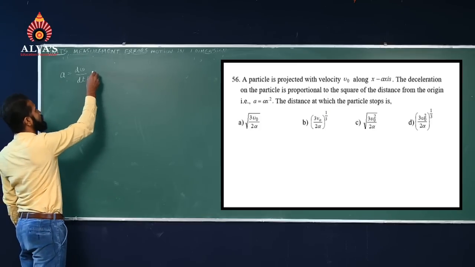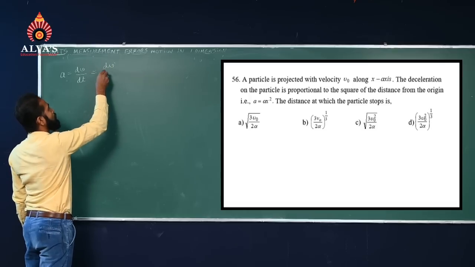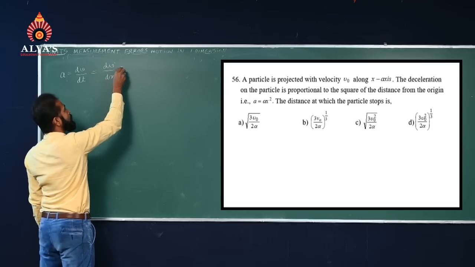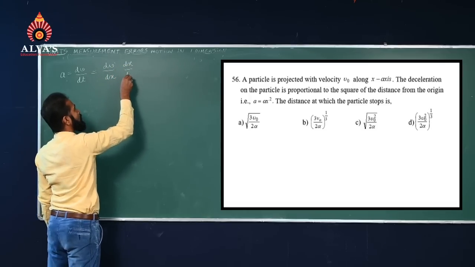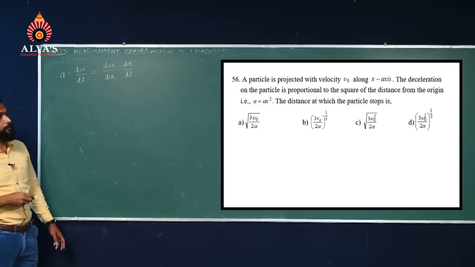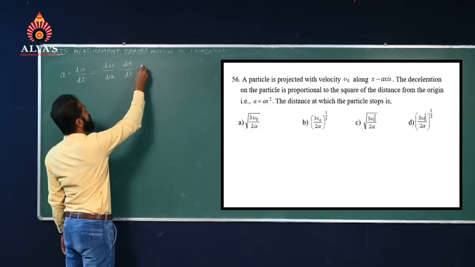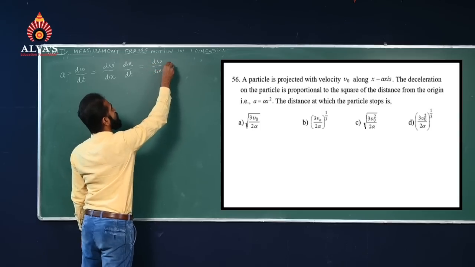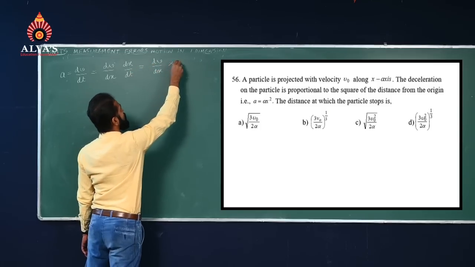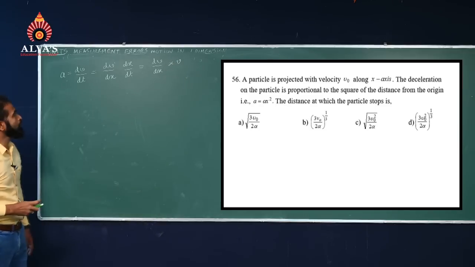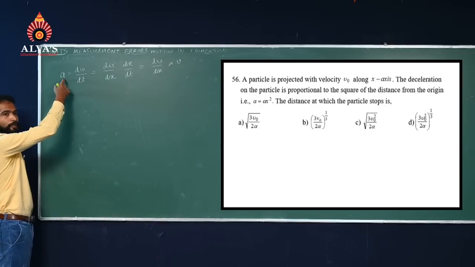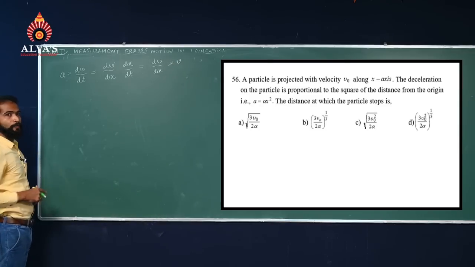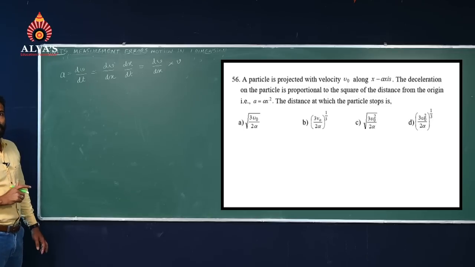So let me write this as dv by dx into dx by dt. Just multiply and divide with the dx. So this is going to become dv by dx as it is, into dx by dt is going to give me velocity. So acceleration is already given, alpha into x square, but the question says there is a word retardation.